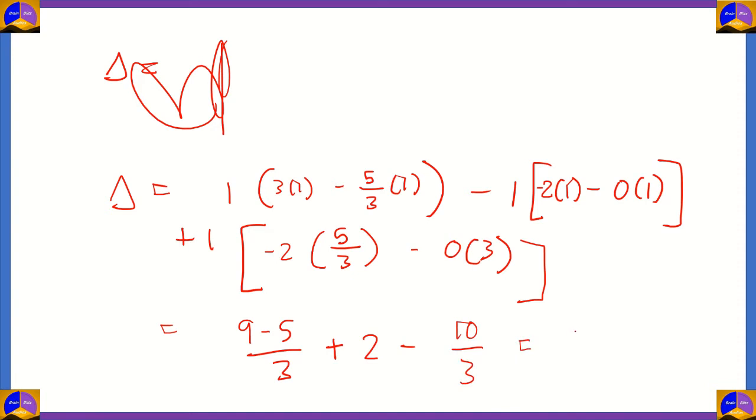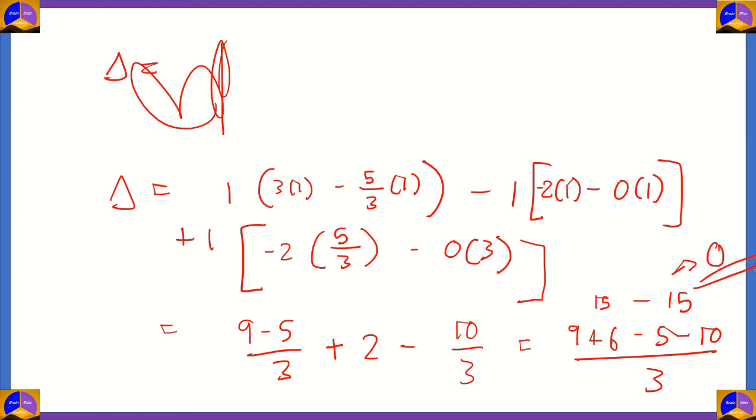So therefore this is equal to 9 plus 6 minus 5 minus 10 divided by 3. So 9 plus 6 equals 15. Minus 5 minus 10 gives you minus 15. So 15 minus 15 divided by 3 is equal to 0.